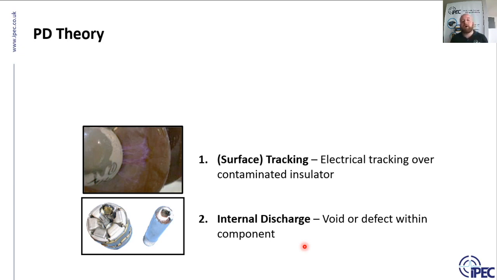Surface tracking is most commonly probably found inside cable terminations, but it can of course occur on bushings and anywhere where there's a high voltage and then a neighboring open surface. Internal discharge can occur anywhere inside cable terminations, if they're solid terminations, inside the end of cables, inside circuit breakers, inside CTs, VTs, so all different components of the equipment.